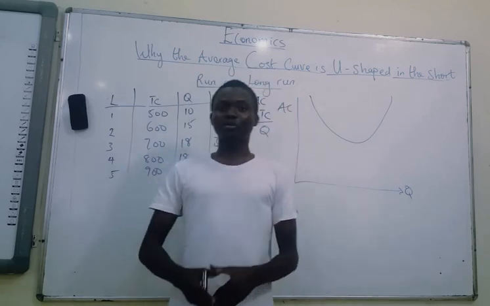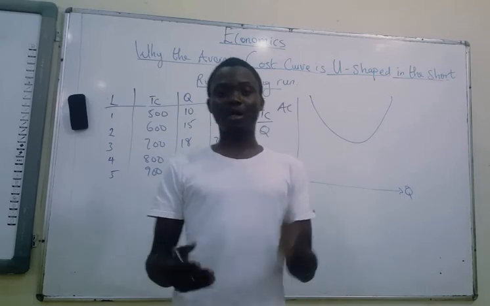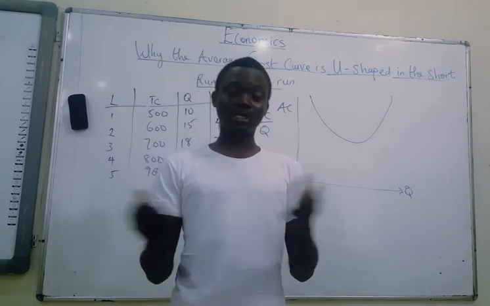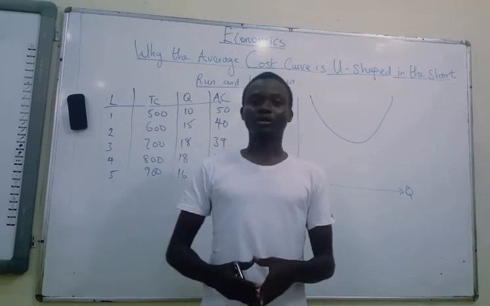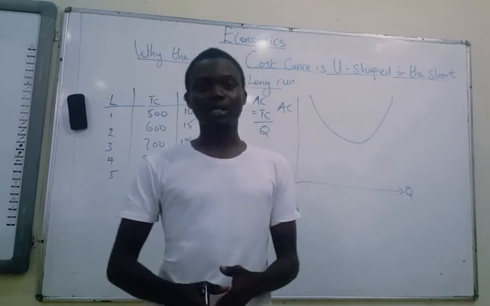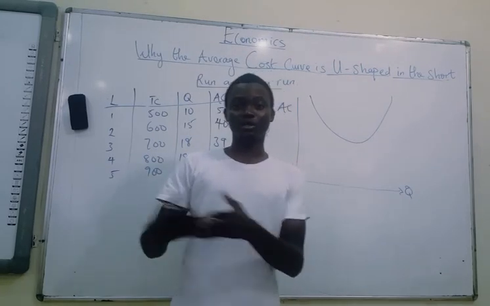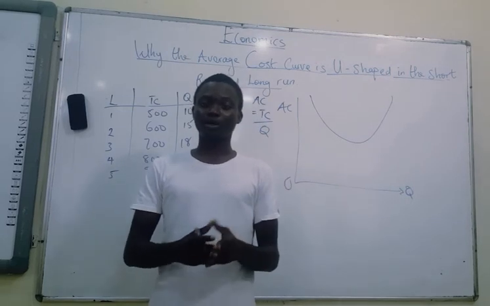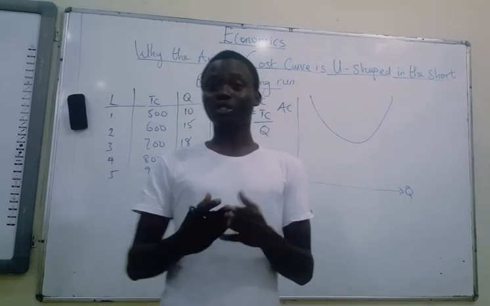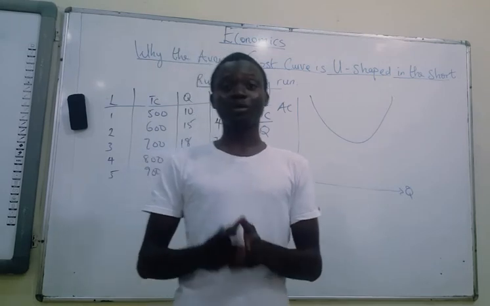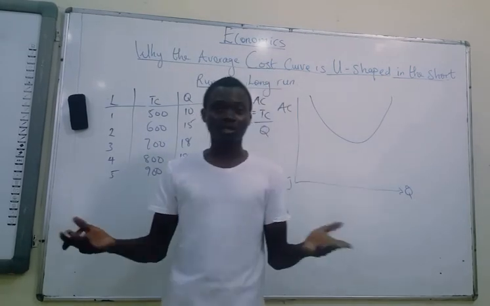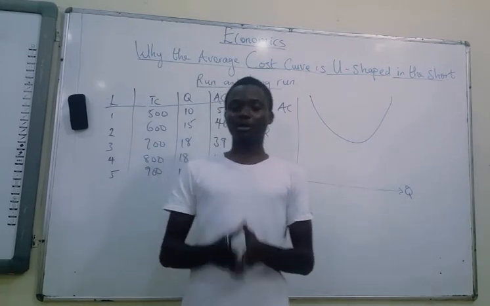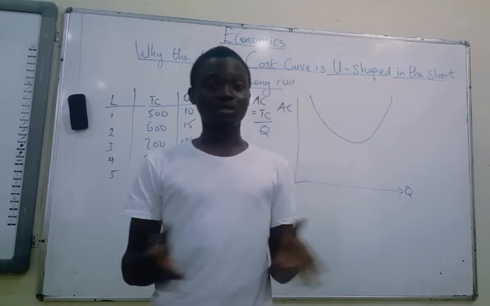If inputs are doubled, let's assume we have two inputs, capital and labor, and both of them are doubled, output also doubles. Then if the factors of production are reduced by maybe 50%, output also falls by 50%. The same thing.